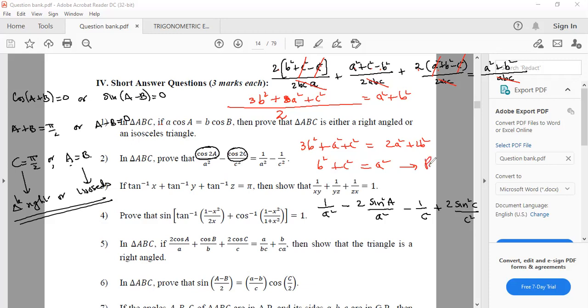Pythagoras theorem satisfied. Therefore, triangle ABC is right angled at A. This is important, right angled at A. Small letter a became hypotenuse, so angle A became the right angle.